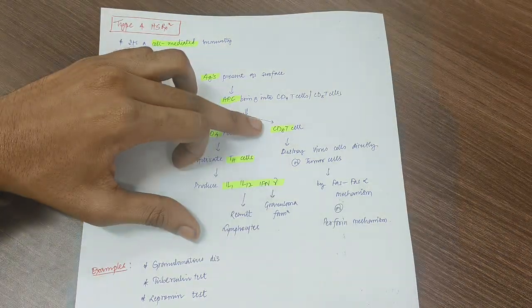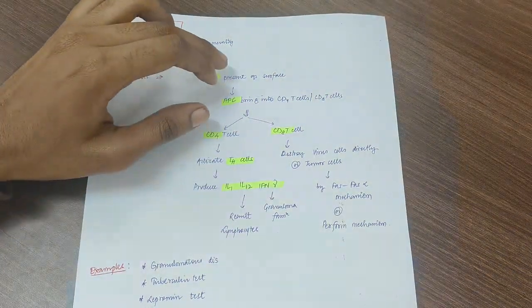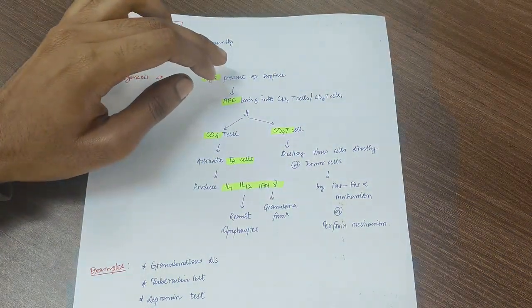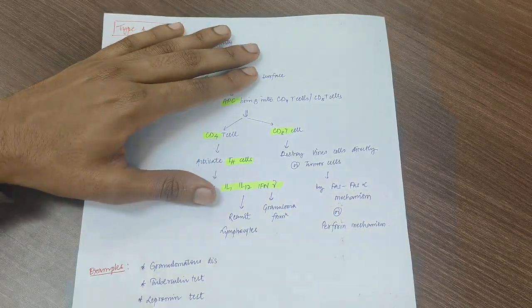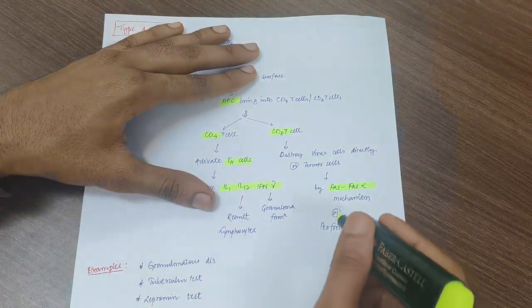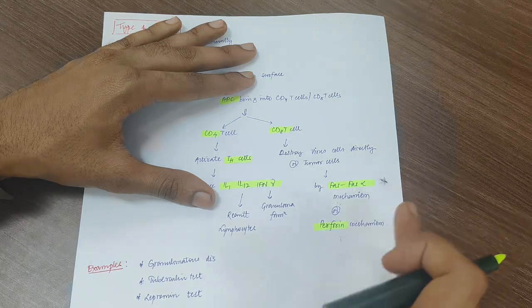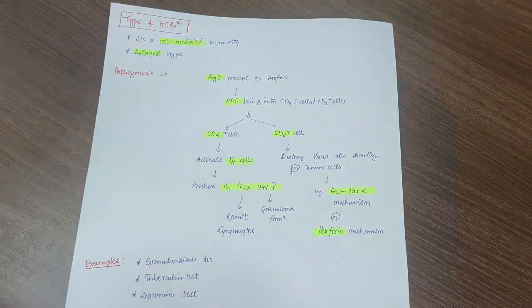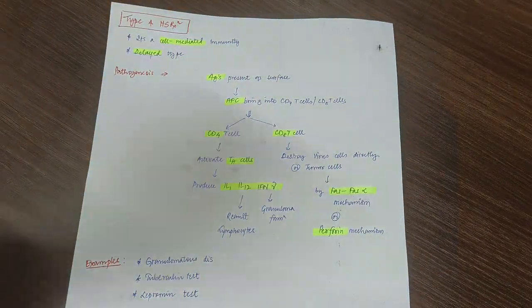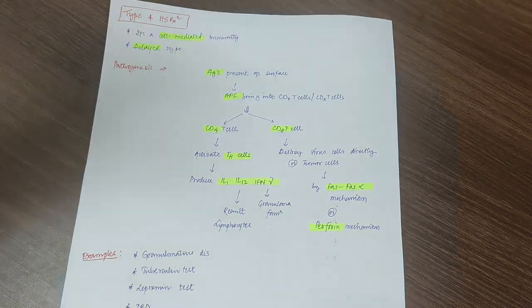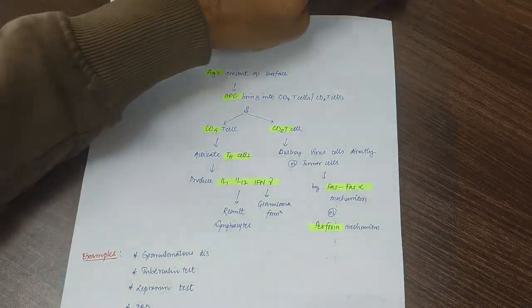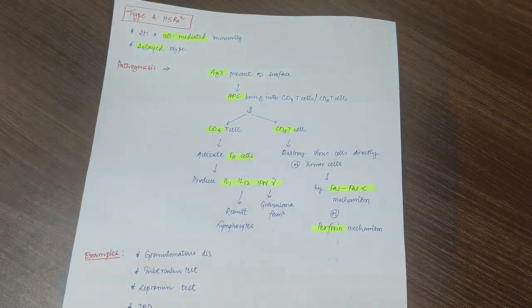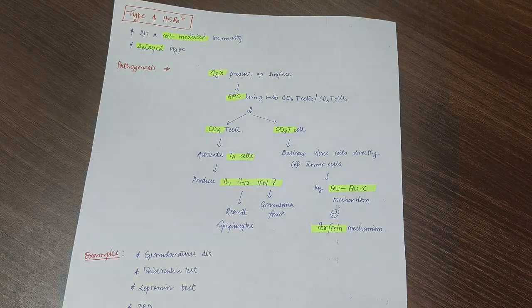Whereas CD8 T cells, what do they do? They destroy the virus-infected cells or the tumor cells directly by the Fas-Fas ligand mechanism or by the perforin mechanism. Next, regarding the examples.